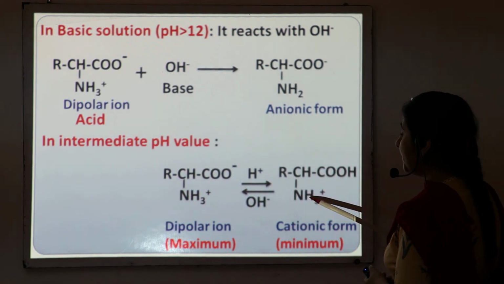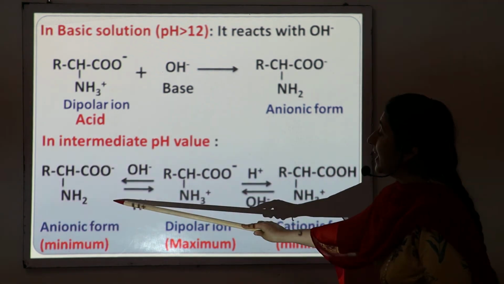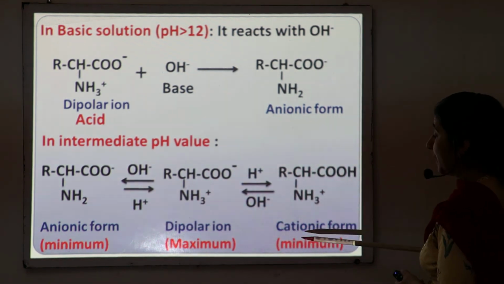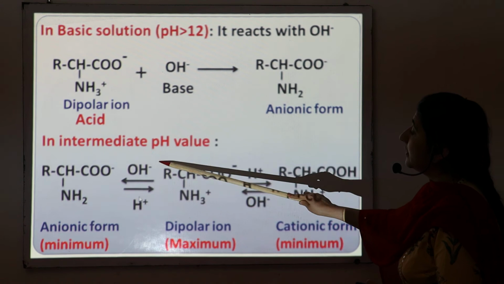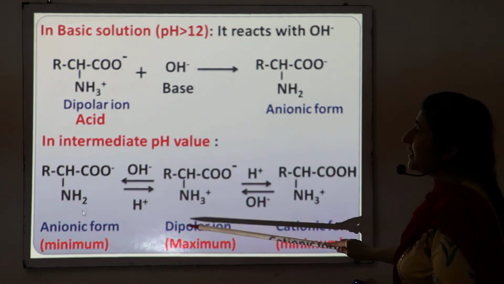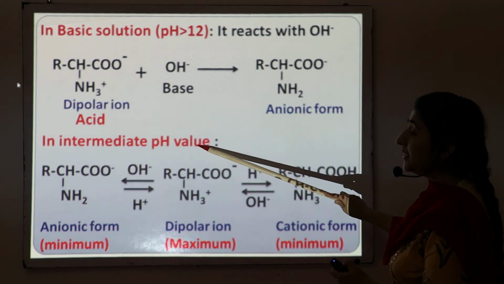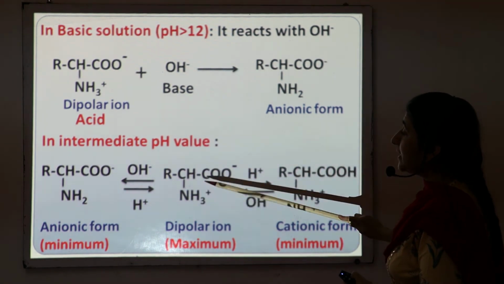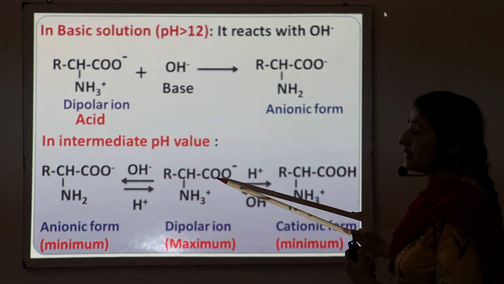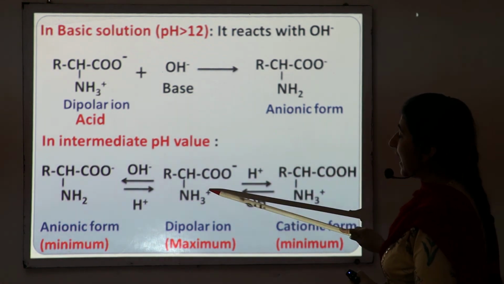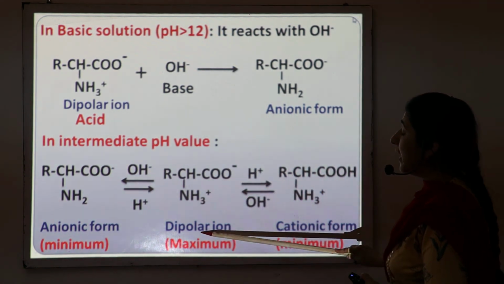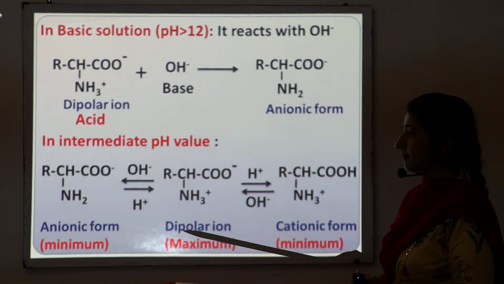It shows equilibrium with the cationic as well as the anionic form, but the concentration of the anionic and cationic forms is minimum, whereas the concentration of the dipolar ion is maximum. It means in intermediate solution, the amino acid exists mainly in dipolar form. The dipolar ion contains two poles, positive and negative, so that is why the dipolar ion acts as a neutral ion.